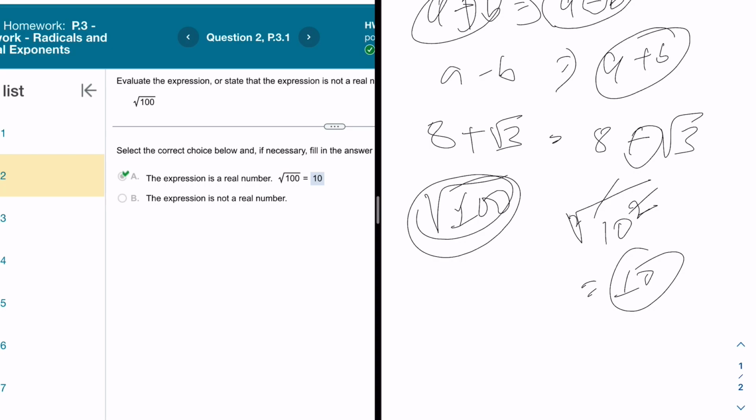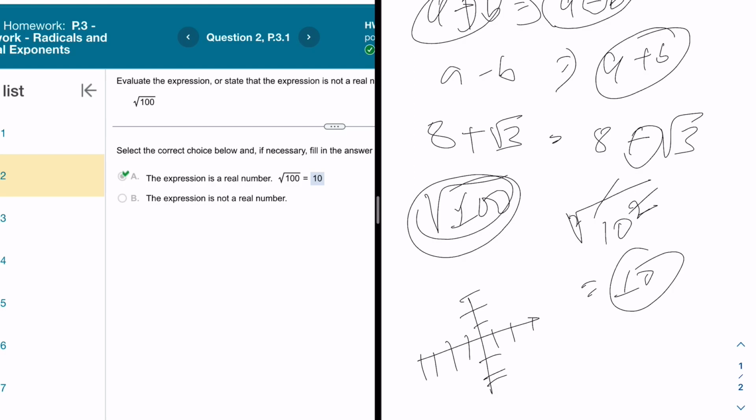So why is this not a real number? Our answer is 10, which is a real number. So can we say 10 is not a real number? No. So I'll simply help you understand what a real number is. Any number which we can plot on this graph is a real number.